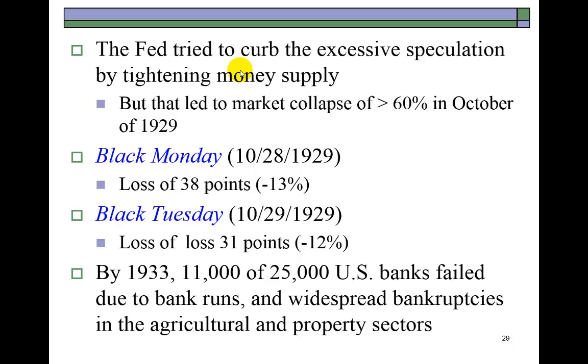In response, it began raising short-term interest rates, but that caused industrial production to decline in the spring of 1929, which was really the second quarter of that year, leading to negative economic growth by the summer of 1929. And so a recession had begun.